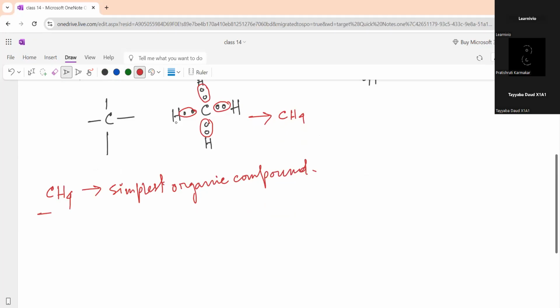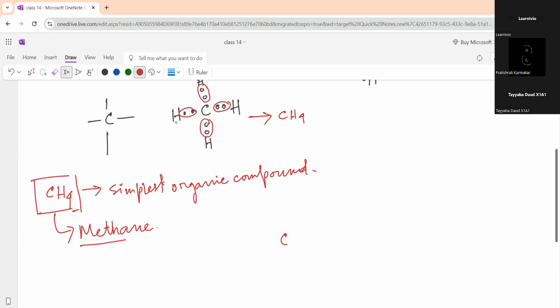And what is it called? CH4 is called methane. We will come to why it is called methane later, and we will learn the nomenclature too. As of now, CH4 is the simplest organic compound.